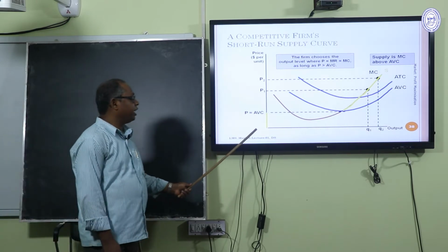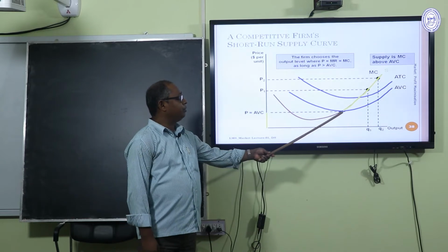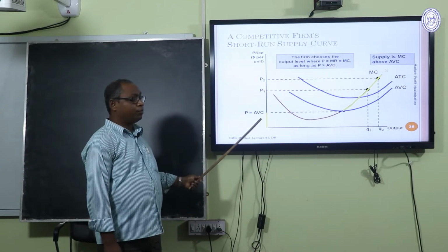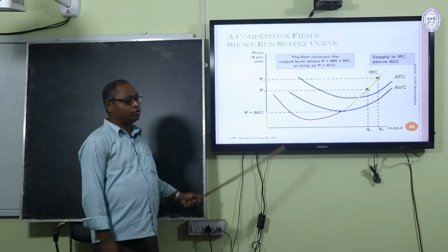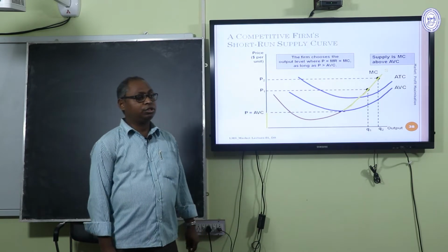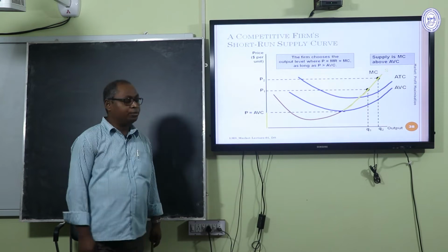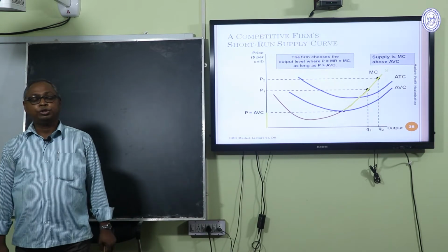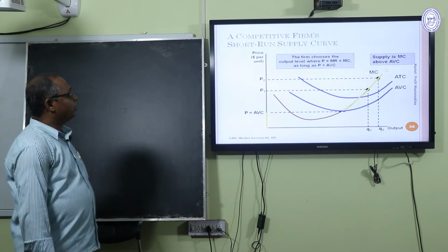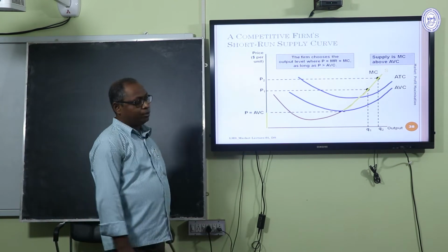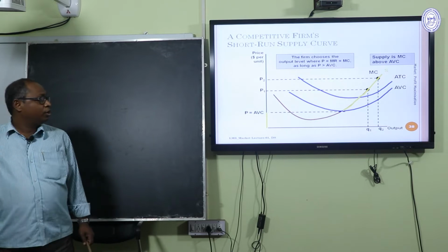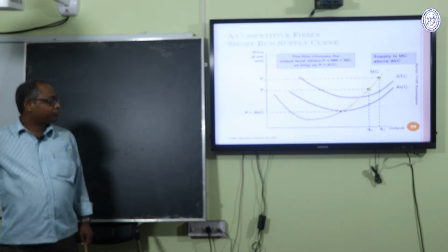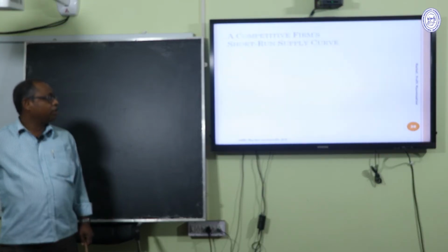Before the minimum point of AVC, we have no supply, and the minimum point of AVC ensures the minimum price required for the firm to cover its variable cost, so that the firm can survive to supply something. So this is the short-run supply curve.